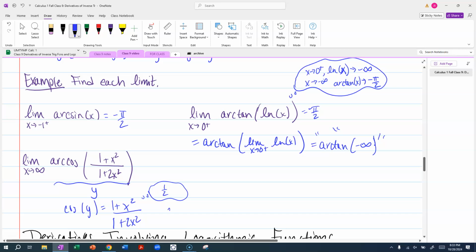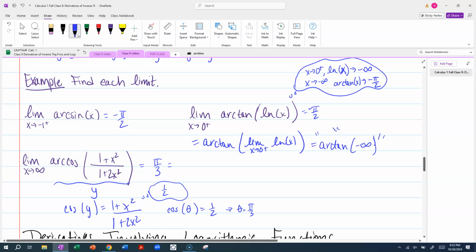So then you're thinking, if you have cosine of some angle, what is that angle so that you get 1/2? Well, of course there are two different angles, but the angle that's within the right restriction for cosine would have to be pi over 3. So you're thinking that this would be pi over 3. Now how do you show that more formally?